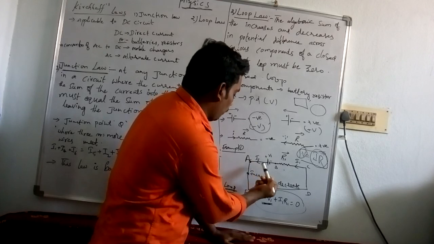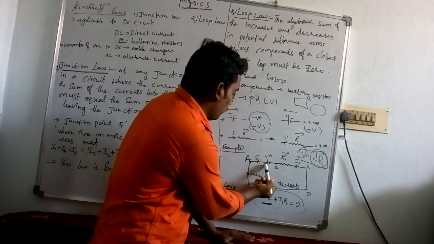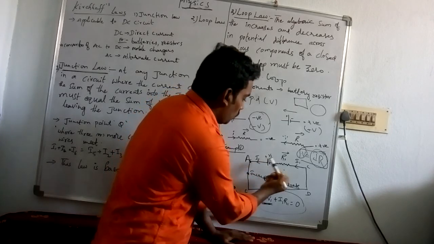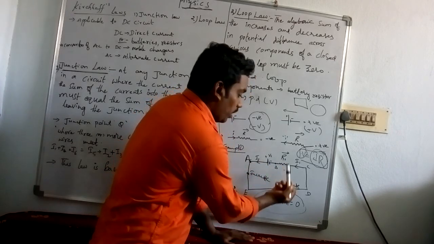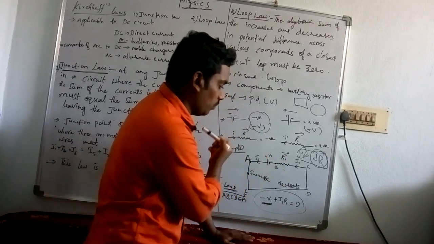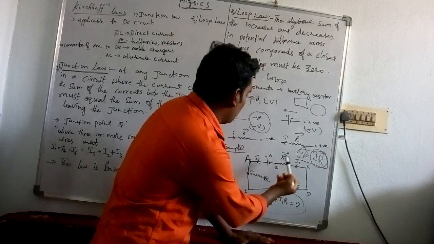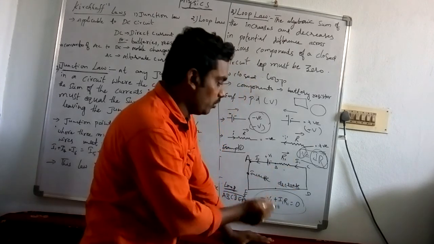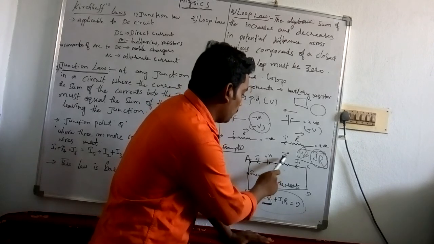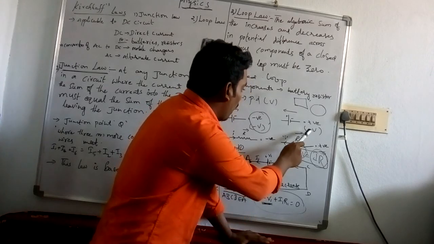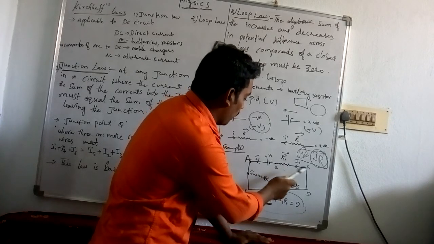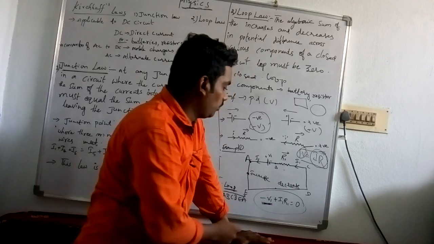Which terminal of the battery do we face first? The positive terminal. Moving from positive to negative terminal, the resultant potential will be negative. Next, after the resistance, the direction is opposite to the current I, so we get positive. This IR is always positive here.